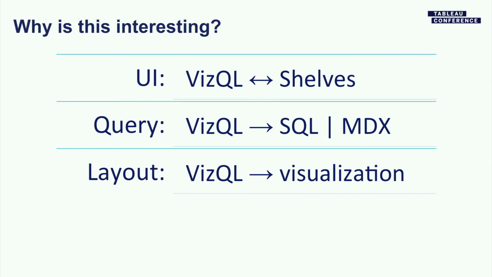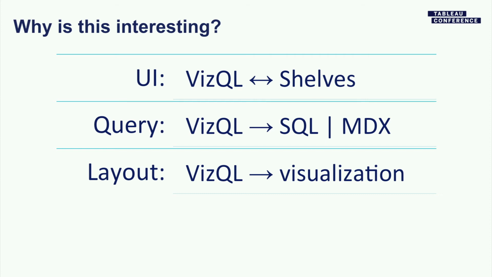It also describes how we lay out the visualizations. It's a very direct correspondence to saying, I want this on rows. That means it's going to be broken down vertically. I put this on columns, it's going to be broken down horizontally, and I want it colored, so it's going to break out the marks and assign different colors to them. So VizQL is tying together these three very different concepts in a way that you don't really have to think about.